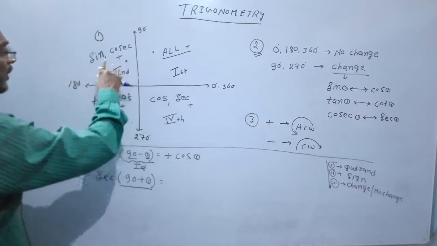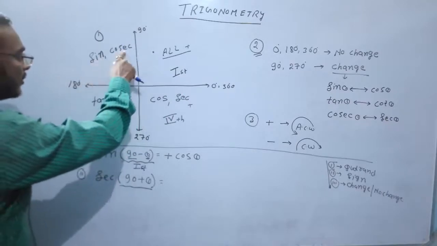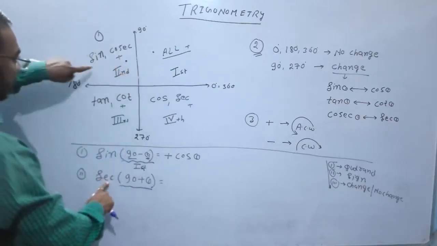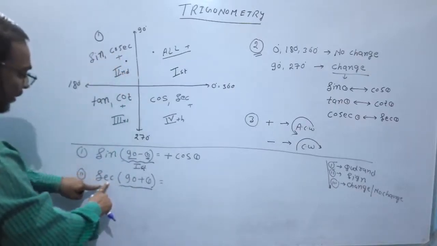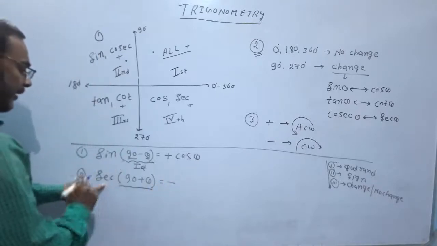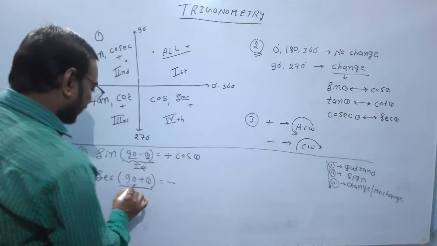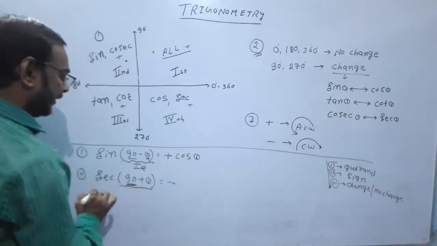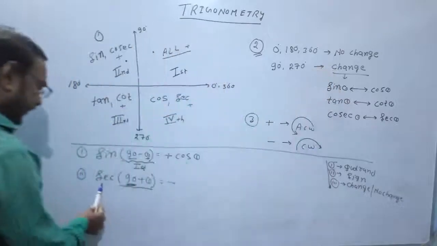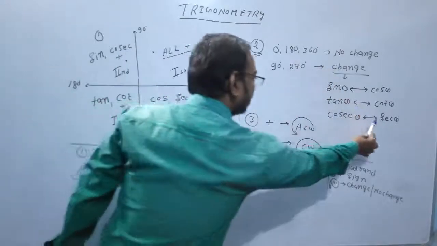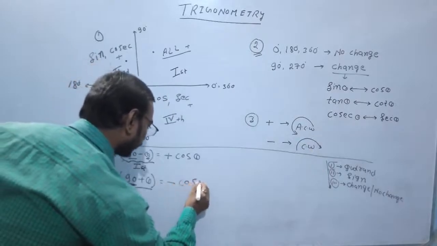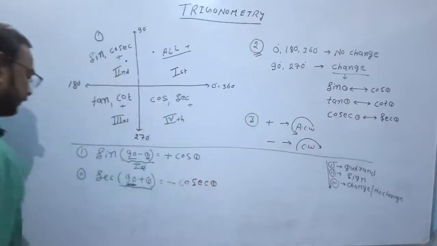We see in the second quadrant sine and cosec are positive, the rest are negative. So here sine and cosec are not present, so take a minus sign. And what is the value of this 90? 90 means change. So sec will be changed into cosec. So here write cosec theta.